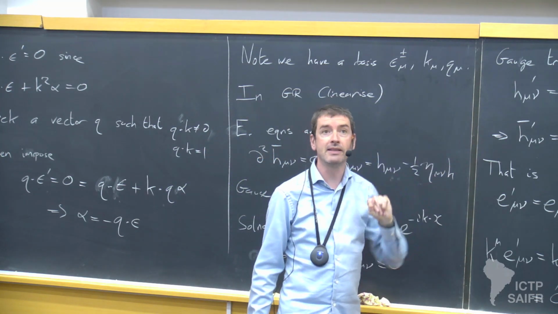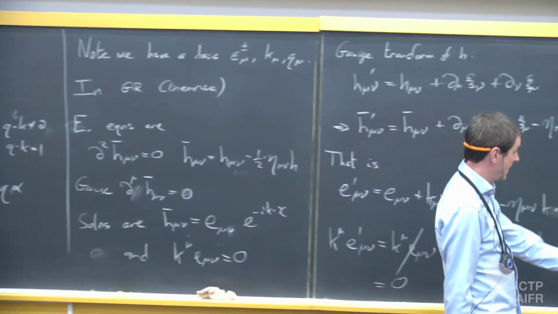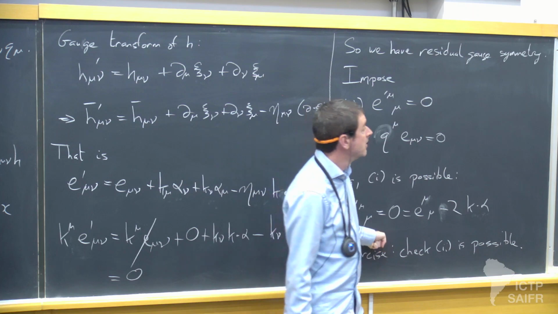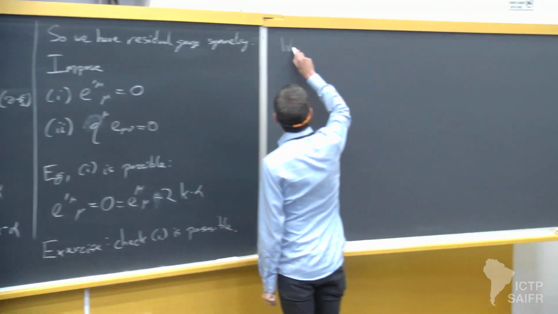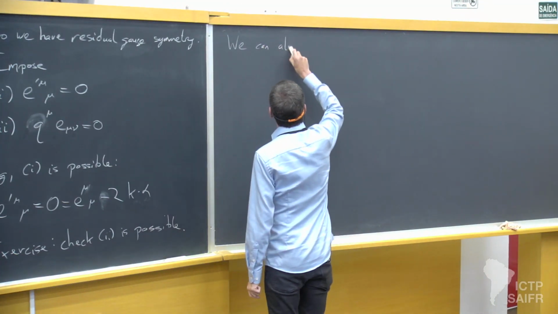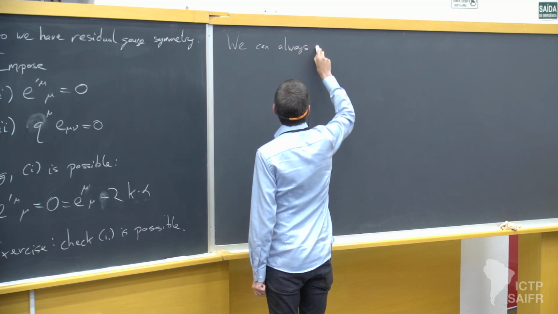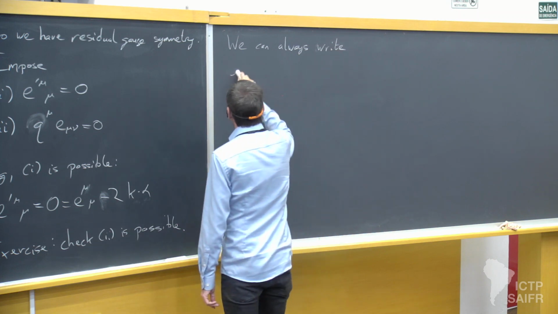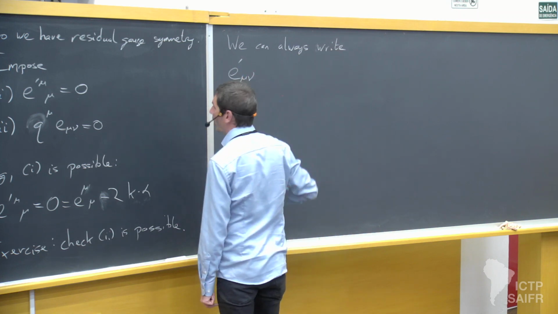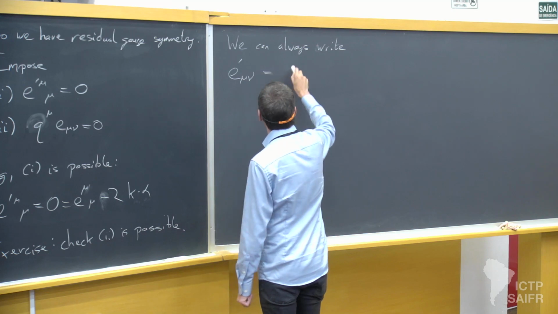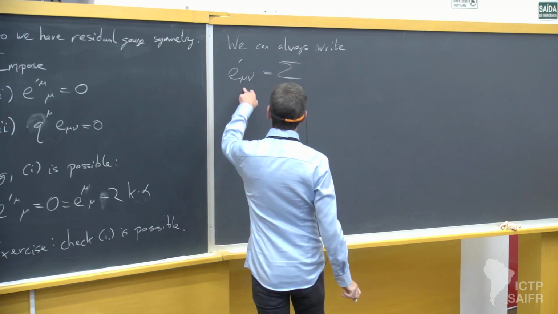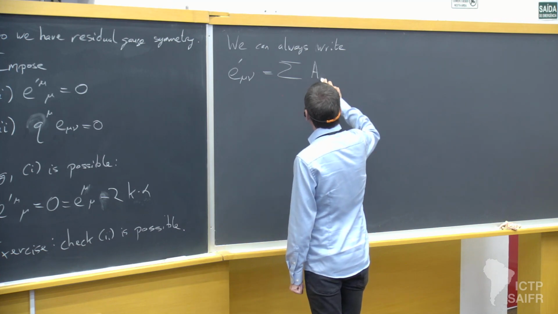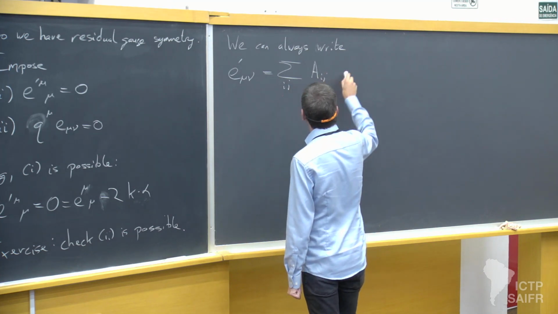I can choose that basis of vectors as a basis of the tensor product space that my polarization tensor is sitting in. So we can always express, independent of gauge conditions, always, that's correct, my polarization tensor, say the primed one, the one I want to impose gauge conditions on, I can always choose to write it in terms of my basis there. So now, I'll have a sum here.